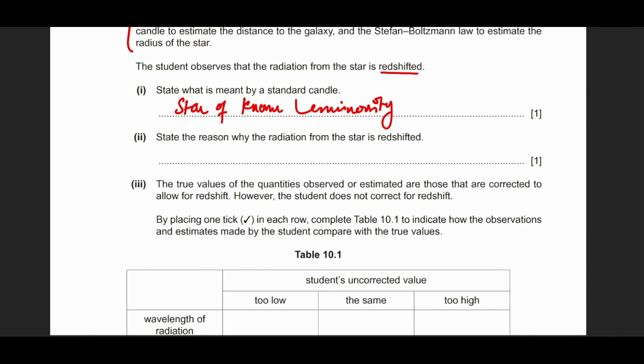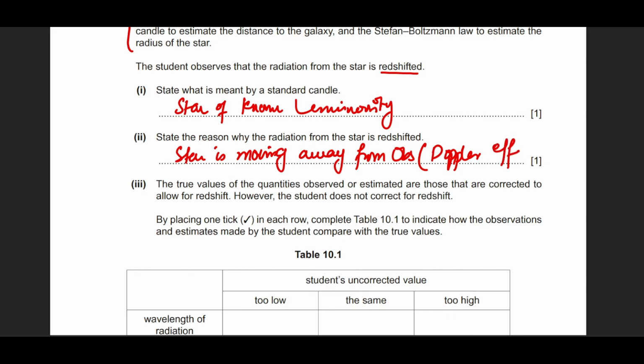State the reason why the radiation from the star is redshifted. It is because the star is moving away from us, moving away from the observer. And this is because of the Doppler effect.